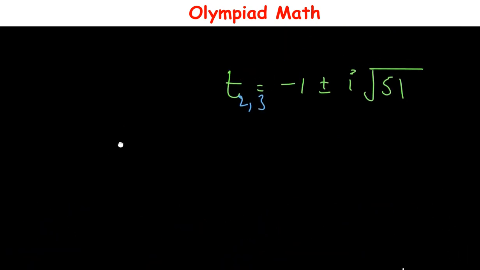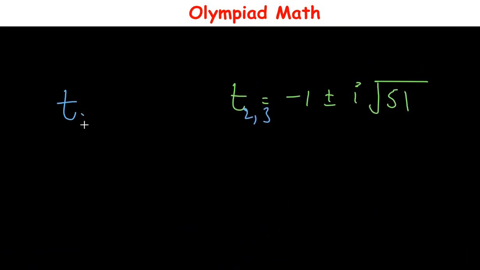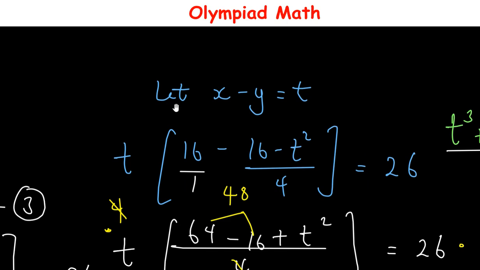So writing this down, the first solution t1 equals 2. Now with this, the goal is to solve for the value of x minus y. But recall that we said let x minus y equals t.